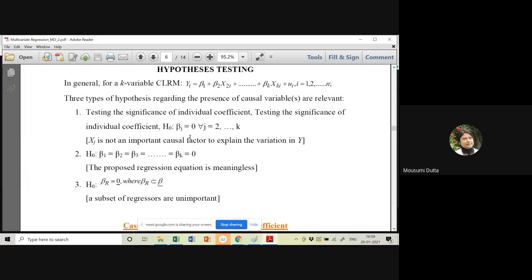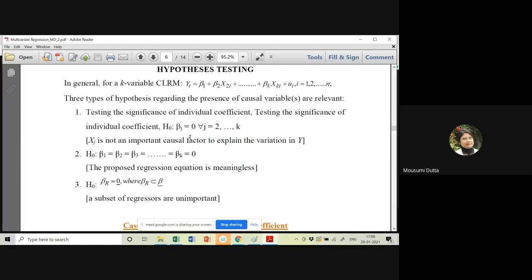So one possibility is to consider one explanatory variable and check the associated regression coefficient with it. Check whether this coefficient is significant or not. Put the null hypothesis beta j is equal to 0, and this will test whether this explanatory variable has an important causal relation with y or not.